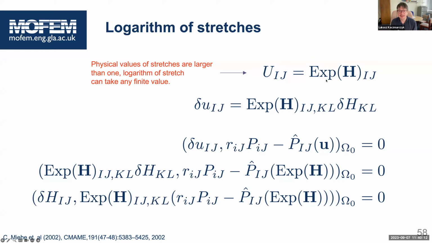In other words, in our formulation, to increase the robustness, we don't have to approximate stretches. We can approximate the Hencky strain, which is the logarithm of the stretch. Doing that, as the last thing, we can take the physical equation and reformulate it to operate purely with the logarithm of the stretches, and everything will work.